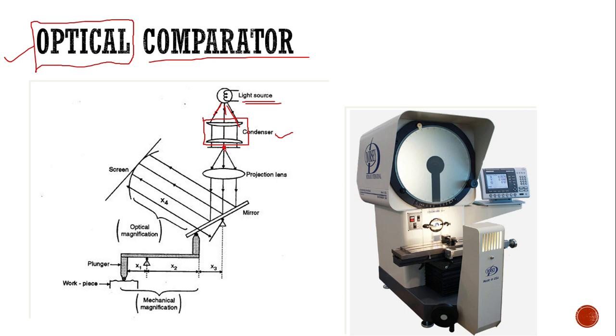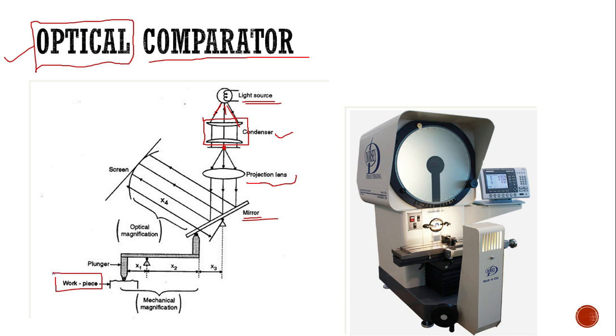Then the light is again passed to the projection lens. In this projection lens the parallel rays are passed on the mirror. So this is how the light is coming from this light source.